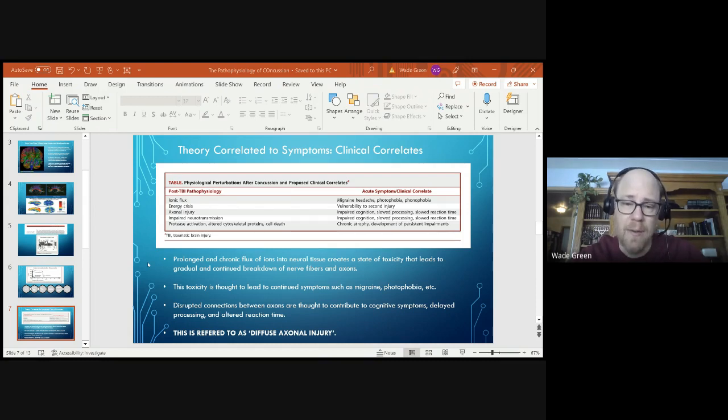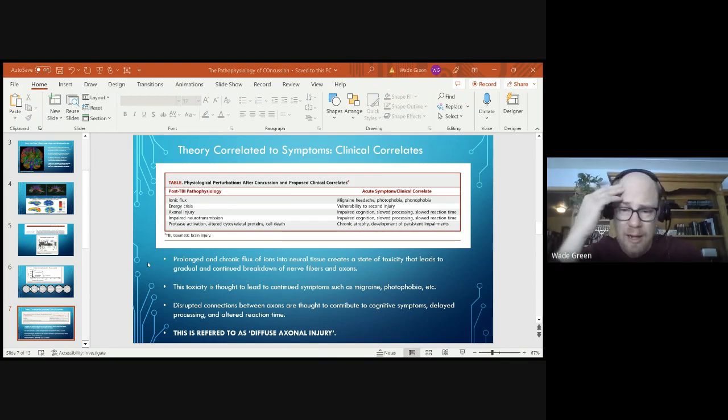Protracted symptoms, and it can affect the ability of the patient to recover to the extent that they either don't recover at all, or there are situations where this can be fatal, and we can be dealing with something like second impact syndrome, which we'll talk about.